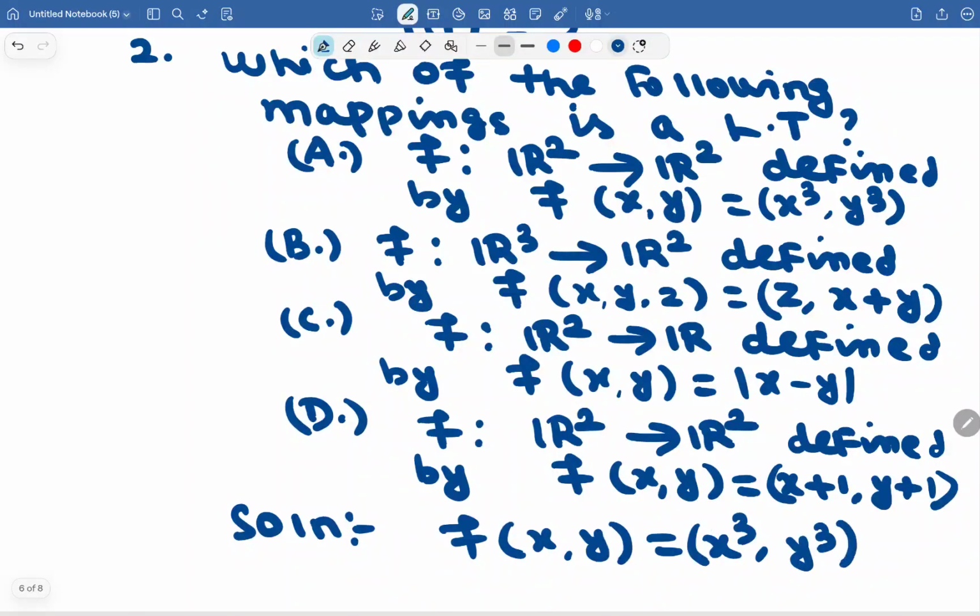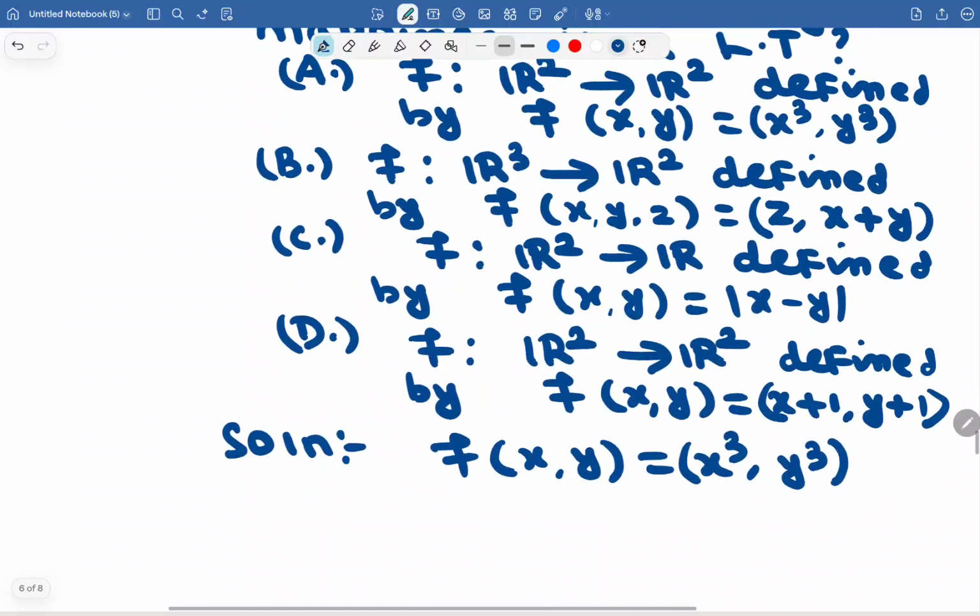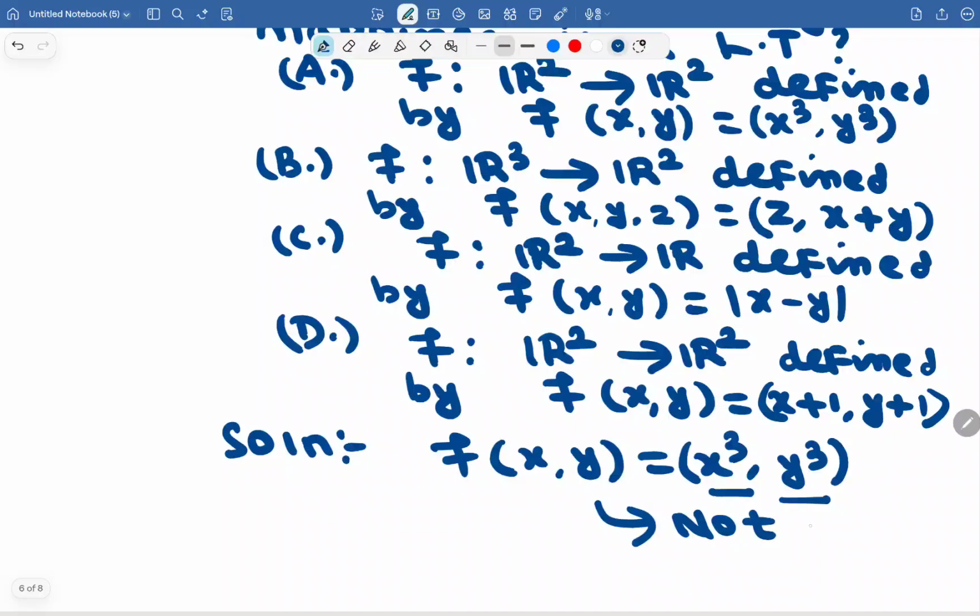For a linear transformation the degree must be 1, but here the degree of x is 3 and the degree of y is 3, therefore it is not a linear transformation. Option A is the wrong one.